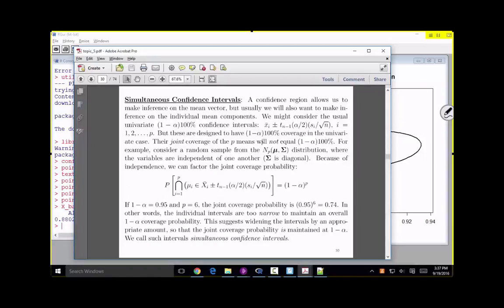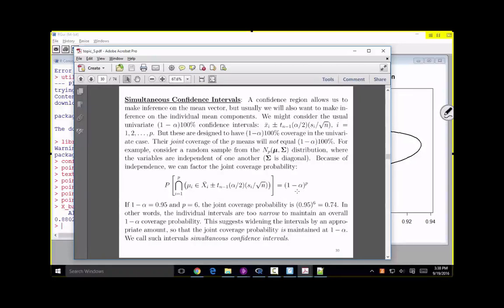Because if, for example, we did a 95% confidence interval for variable 1, and then separately did a 95% confidence interval for variable 2, and did that for all p of our variables, the probability that every one of them contains the truth is not equal to, say, 0.95.